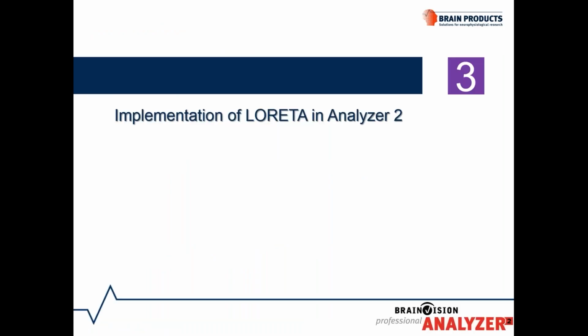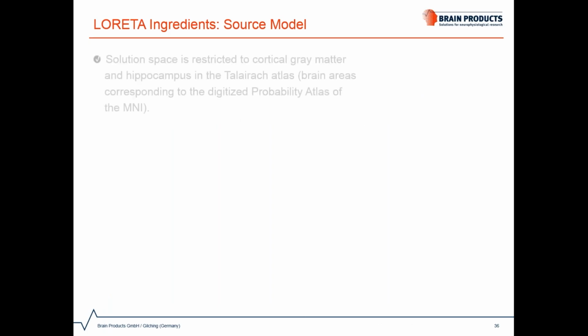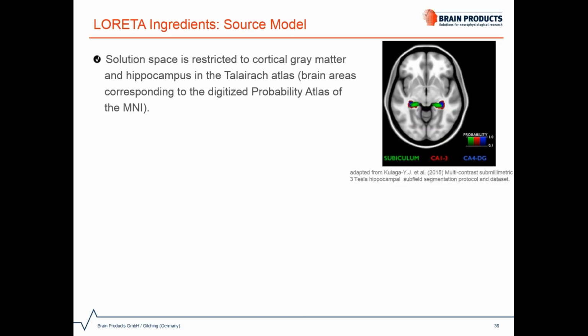Okay, now I will move on to the implementation of LORETA in Analyzer and its ingredients. As I have already mentioned in the introduction section, the first ingredient is source modeling, where sources are modeled using equivalent current dipoles. So how is it done in Analyzer? First of all, a source space is defined which is restricted to the regions of the cortical gray matter and hippocampus in the Talairach atlas.